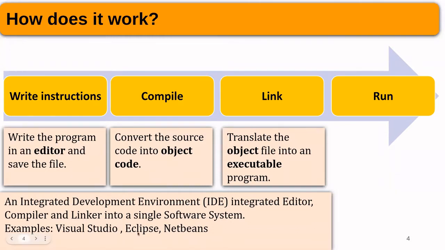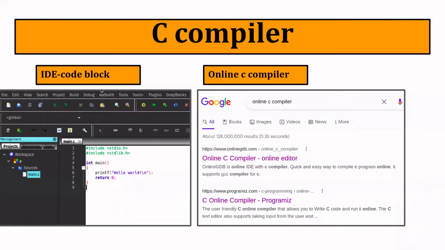Visual Studio, Eclipse and NetBeans are also IDEs. Here you can see the Code Blocks IDE and an online C compiler. Now I have given the link to this online C compiler.